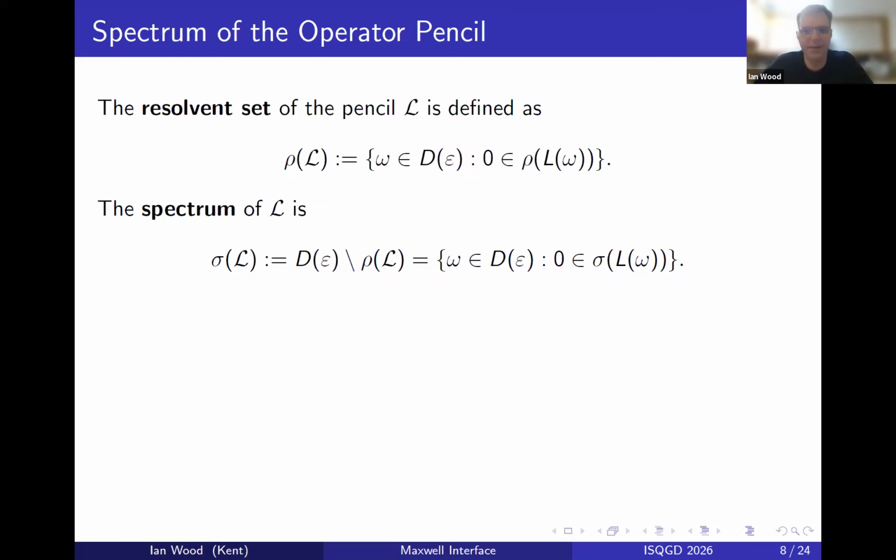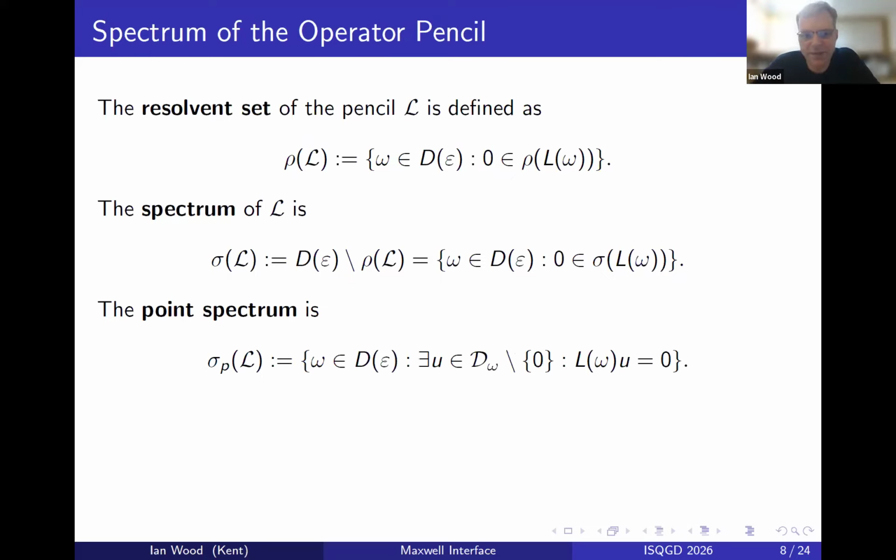Right, and we can define the various parts of the spectrum in the same way here. So the spectrum just consists of those omega such that 0 is in the spectrum of L of omega. We have an eigenvalue of the pencil if 0 is an eigenvalue of the operator L of omega.